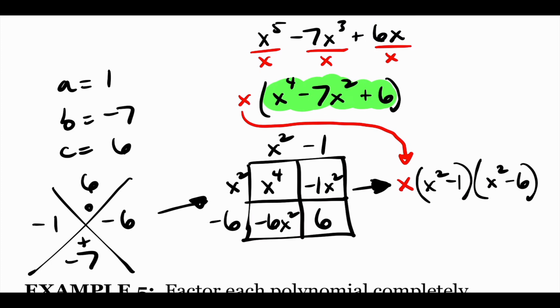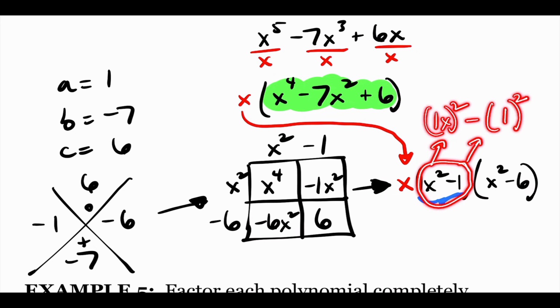Step 5, are any of these difference of squares? Are any of these that I just circled difference of squares? I'll give you a hint, one of them is. There you go, this one in the middle. It's got a 1 in front, it's got a 1 at the end, it's squared and it's minus. So A is 1x, B is 1.